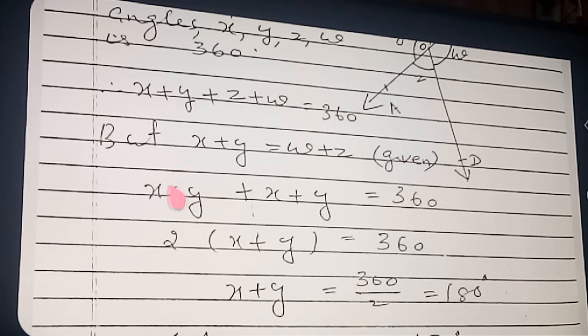Here also x plus y, 1 times x plus y plus another 1 times x plus y. How many x plus y coming? 2 times (x plus y). So what did you get? 2 into (x plus y) is 360. Therefore, x plus y, how much will come? 360 by 2, 180.